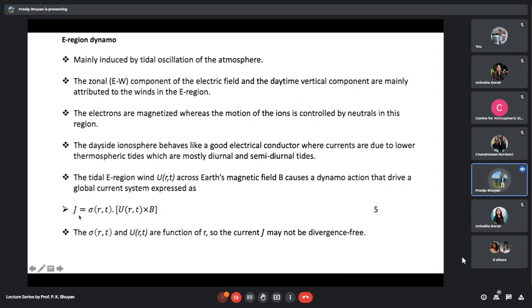This current is generated because you have conductivities, which vary with respect to both R and time. Similarly, wind is also variable with respect to both R and T, and B is constant. So you have this J. Since sigma(R,T) and U(R,T) are functions of R, the current J may not be divergence free.